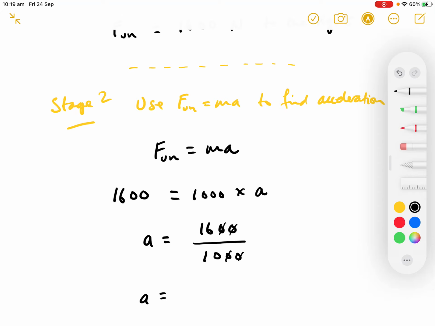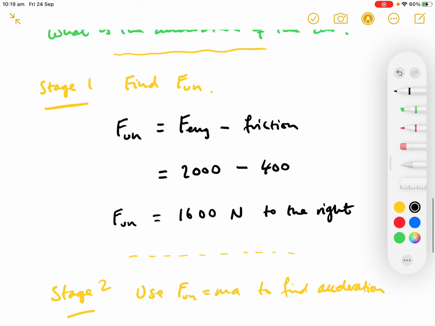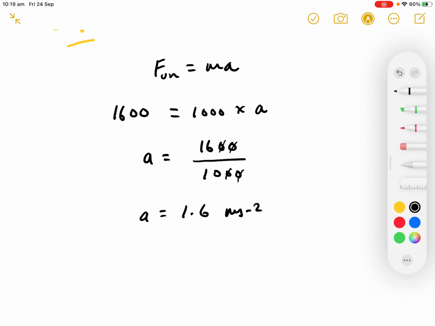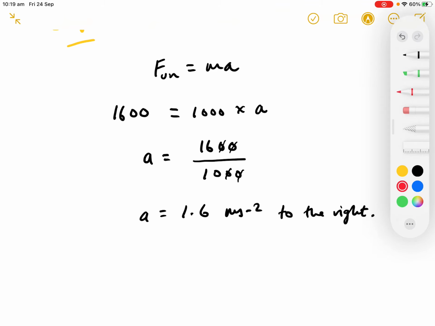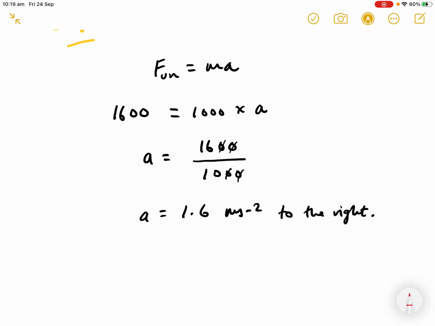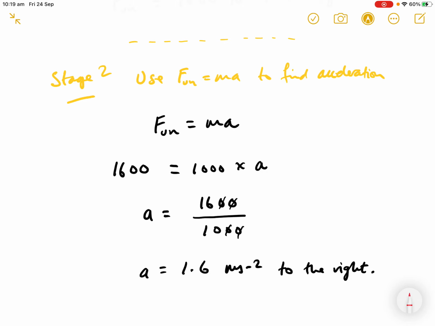I can see there's going to be some cancelling going on there. So it's really like 16 over 10, so that's 1.6 meters seconds to the minus 2. Remember, acceleration is a vector quantity, so we do need to specify a direction. If the unbalanced force is to the right, then the acceleration is also to the right. And there is how we use Newton's second law.